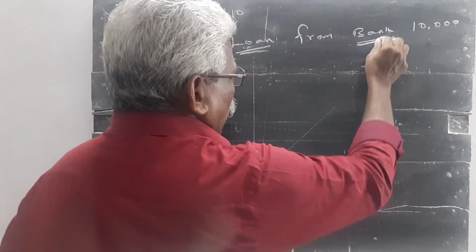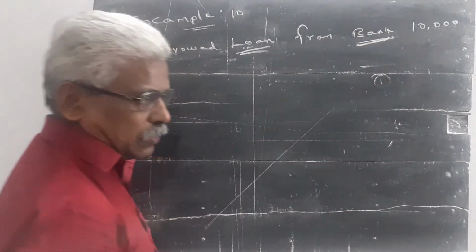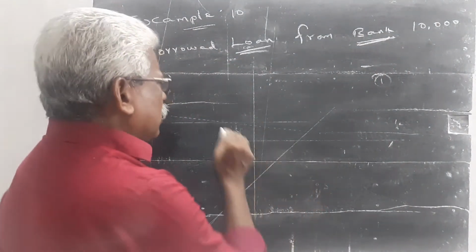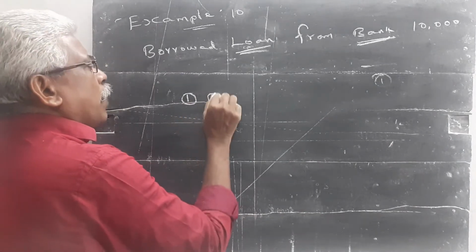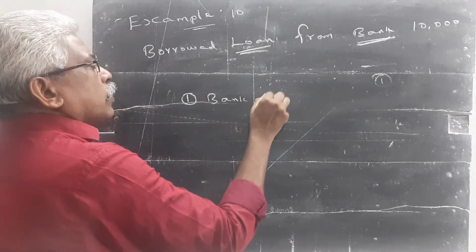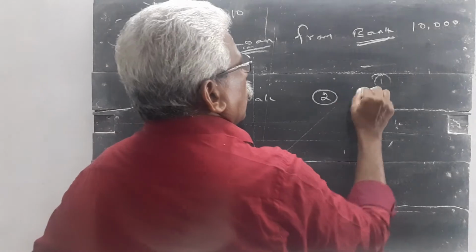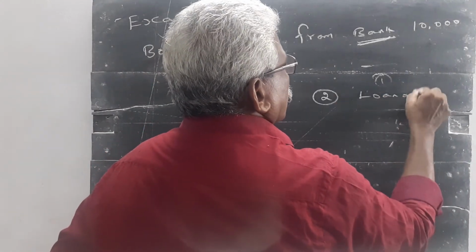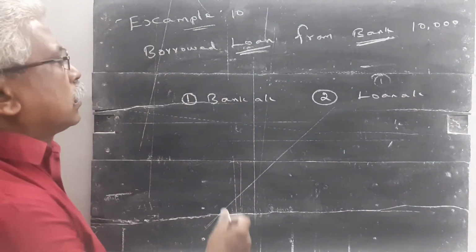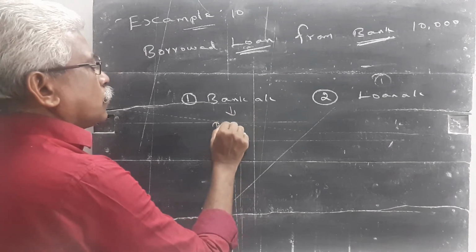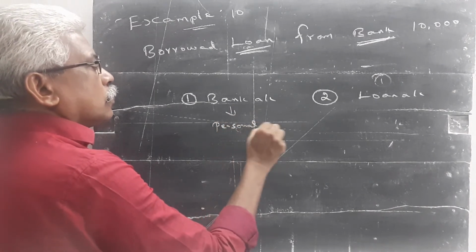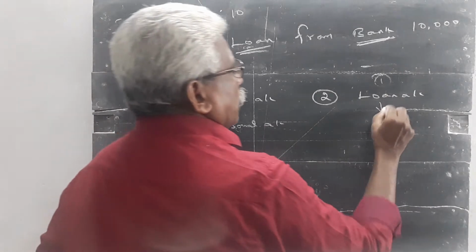The two accounts are number 1, bank account, number 2, loan account. Bank is a personal account. Loan account is also a personal account.